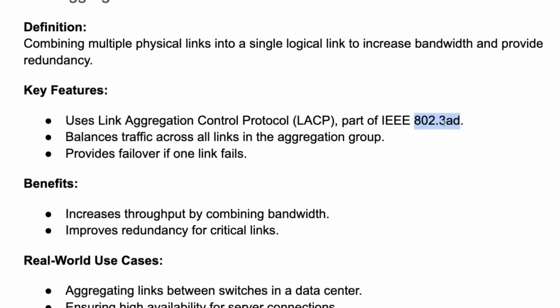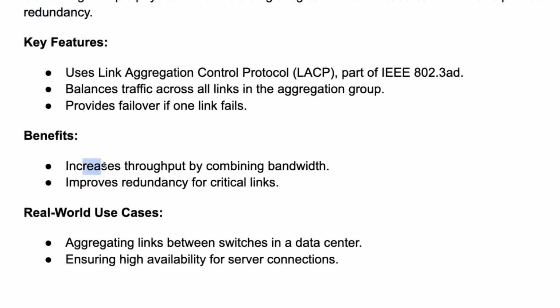If you remember, 802.3 has to do with wired technology, and 802.11 had to do with wireless. So 802.3ad has to do with the link aggregation protocol, and it balances traffic across all links in the aggregation group and provides failover if one of those links fails, which is where the concept of redundancy comes in.